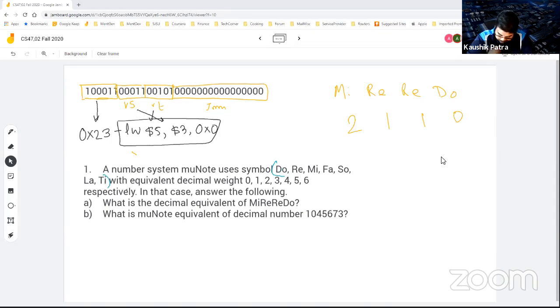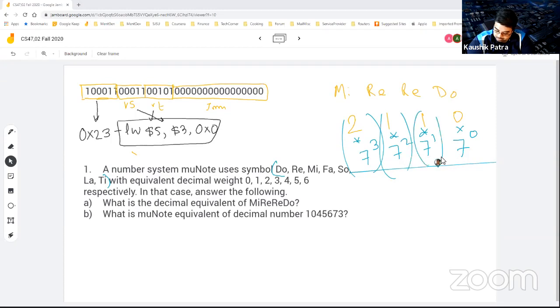All these are basically musical notes, 7 notes. So 7 symbols are basically there, and that becomes the base of 7. And this is 7 to the power 0. This place is 7 to the power 1. This is 7 to the power 2. This is 7 to the power 3. You multiply between them, right? And then whatever the values, you add between them.